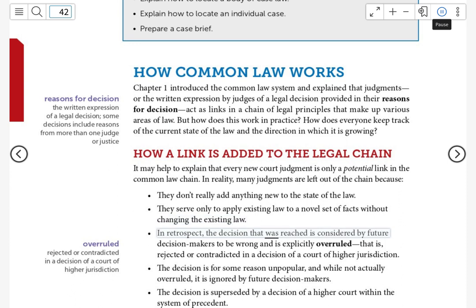In retrospect, the decision that was reached is considered by future decision makers to be wrong and is explicitly overruled, that is, rejected or contradicted in a decision of a court of higher jurisdiction. The decision is for some reason unpopular, and while not actually overruled, it is ignored by future decision makers. The decision is superseded by a decision of a higher court within the system of precedent.